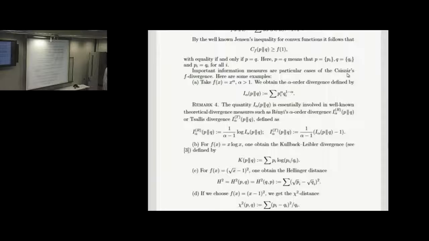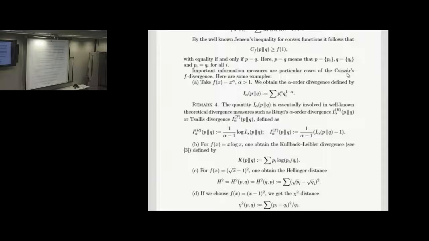Csiszár's f-divergence is defined as the sum of Q times f of P over Q. Isn't it? This is the definition. Now, if you take f(x) = x log x, this is a convex function.